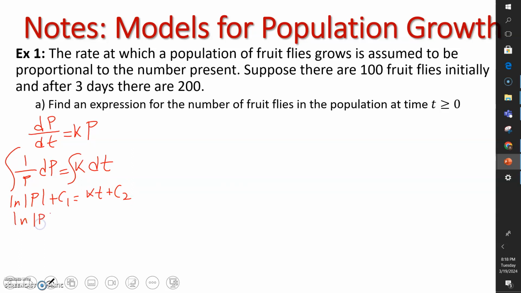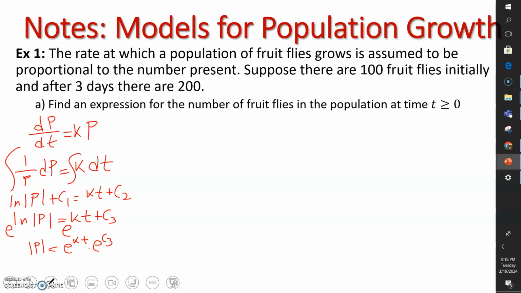So I have ln of absolute value of P is equal to k times t plus some new constant. Then I'm going to do base e exponential on both sides, and I'm going to be left with absolute value of P is equal to e to the kt times e to my constant.